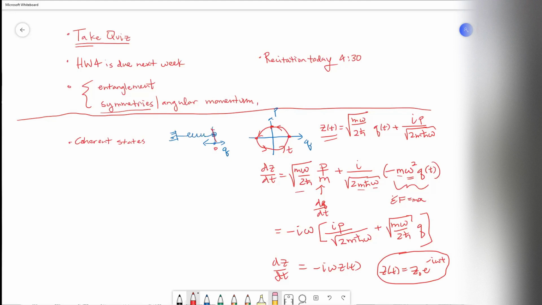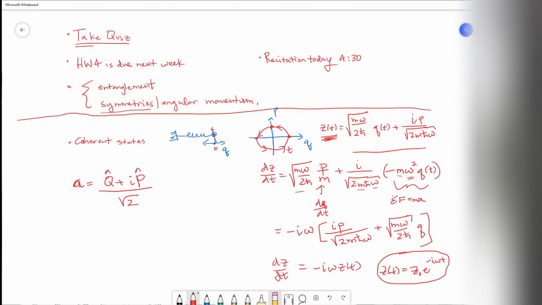Well, if you look at this form, this is exactly the same form as we had for the annihilation operator, which, if you recall, was in terms of these rescaled coordinates, but now operators. This is quantum mechanics. It was i p hat, so all this over square root of 2. So it's just like this. This z of t is basically like the classical analog of the annihilation operator.